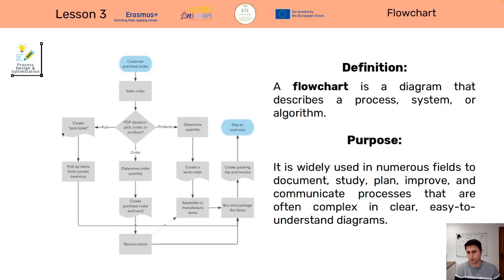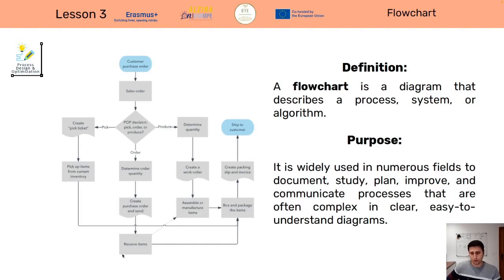We will go to create big ticket. This shape means document generation, and then pick up items from current inventory, and from it box and package the items, create packing slip and invoice, again another document, and ship to customer. Okay. If we don't have that stock, we will produce that item and determine the quantity, create a work order to our factory, then assemble or manufacture items.